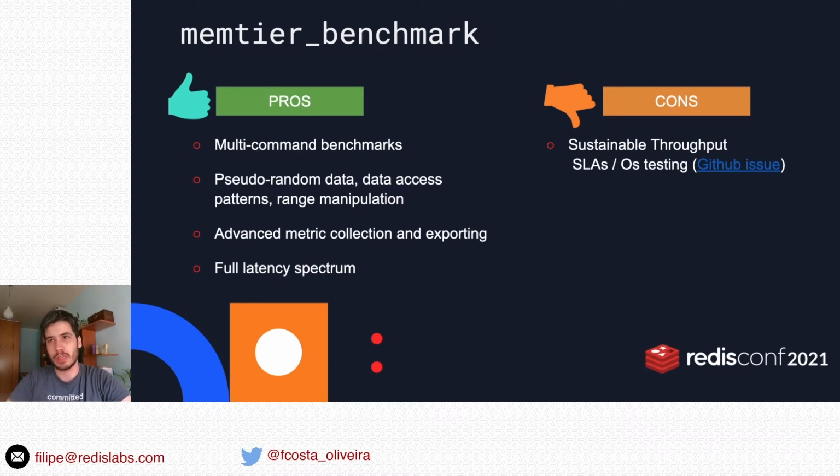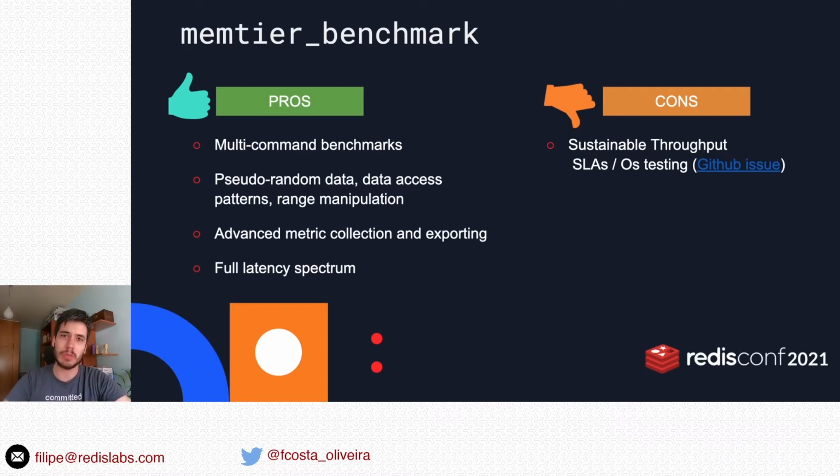With regards to the cons, or with something that we aim for in the future, right now memtier is targeted for benchmarking your database or your system up to the stress point. So basically, it always tries to reach the stress level of your database. If you want to benchmark something more related to latency constraints or throughput constraints, for example, I don't want to understand what's the maximum throughput of my database, but I want to understand what's the latency at a rate of 1,000 commands per second, right now we are missing that feature.